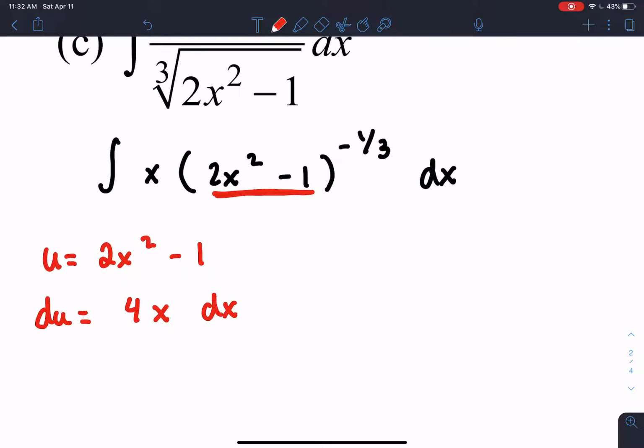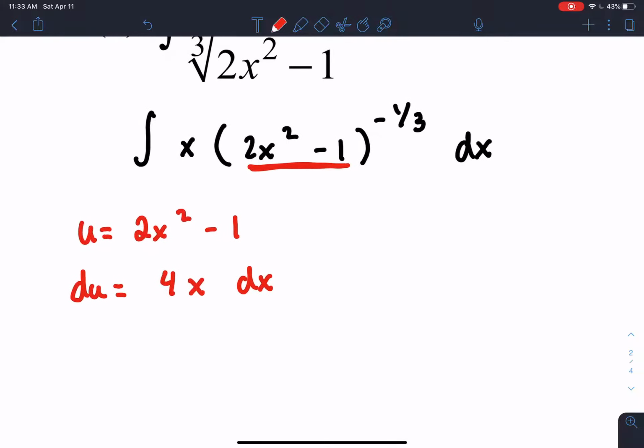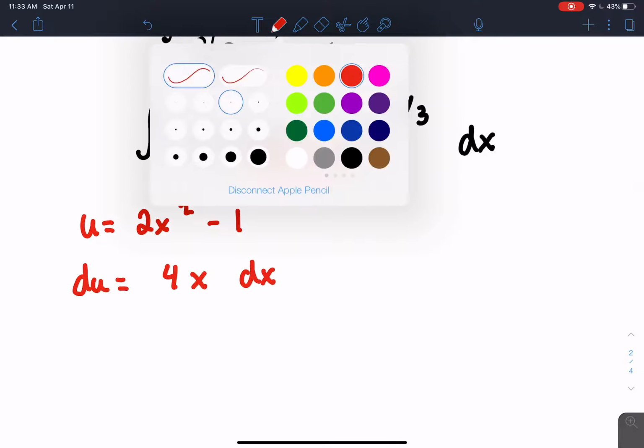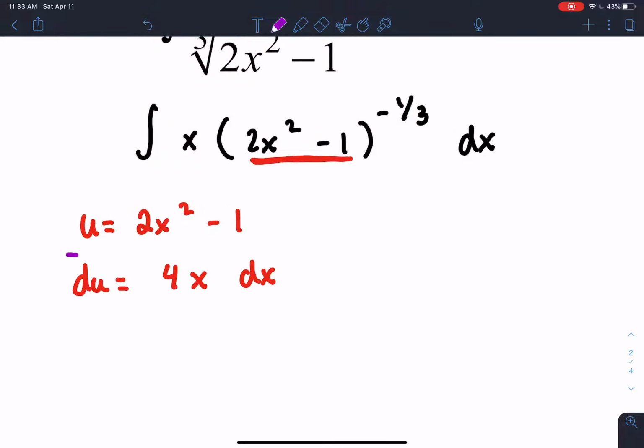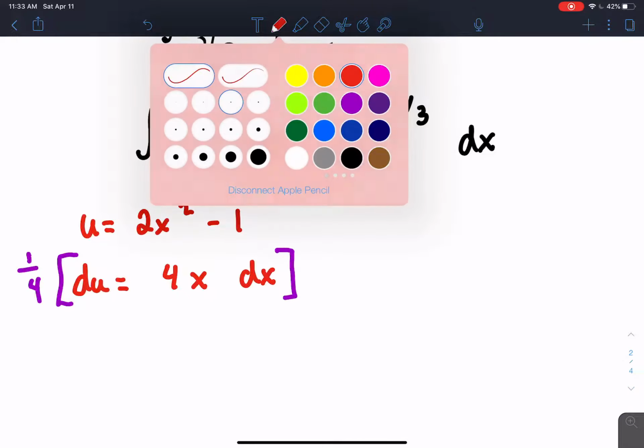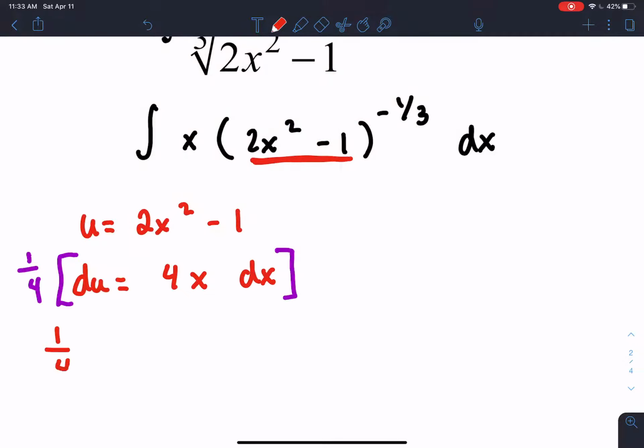So if you look at your problem, you have x dx. So the only thing that you need to do to your du term is multiply that whole thing by 1/4. So this is now going to give me 1/4 du equals x dx.